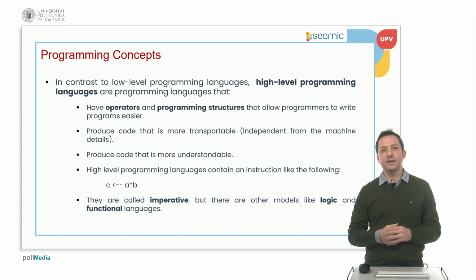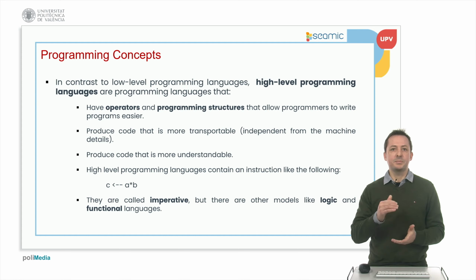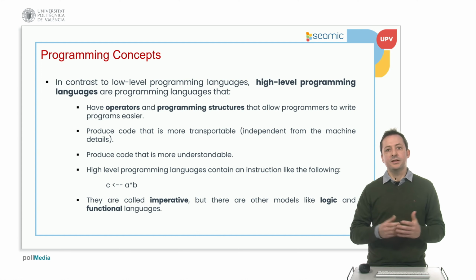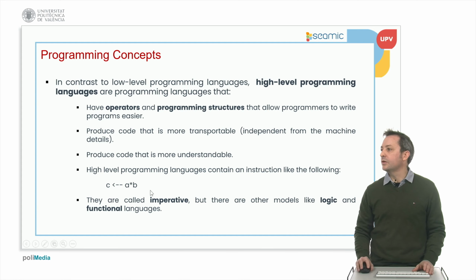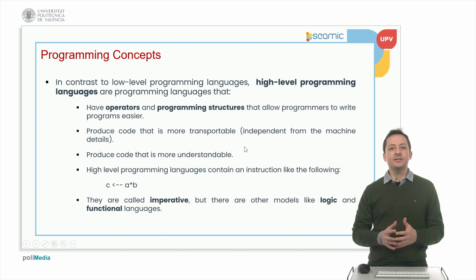So basically, a high-level programming language defines some operators and some programming structures that should be followed in order to specify these instructions. As an example, here you have a programming instruction in which we want to multiply some values and store the result into another variable, let's say C, for example.